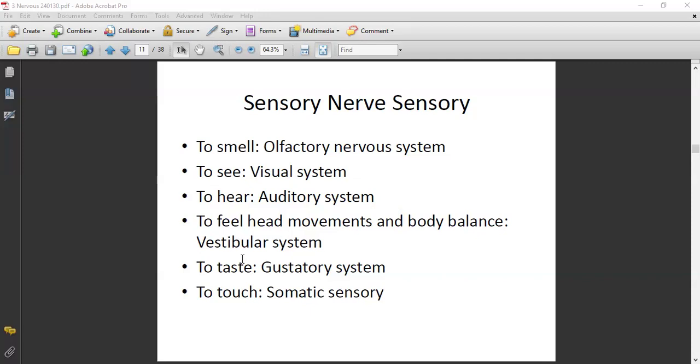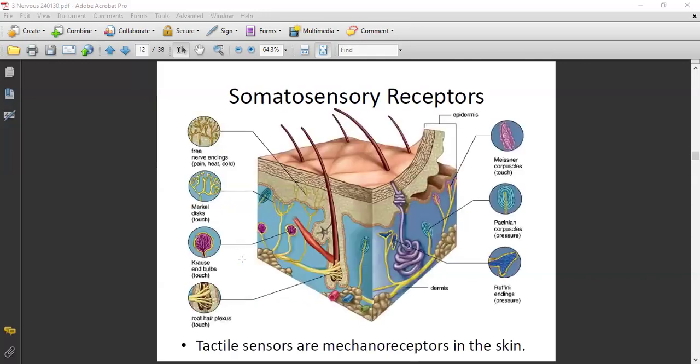It's all above your neck. The only one that's not only above your neck is touch. You can touch things on your face, but you also have touch below your neck, right? So that is somatic sensory.